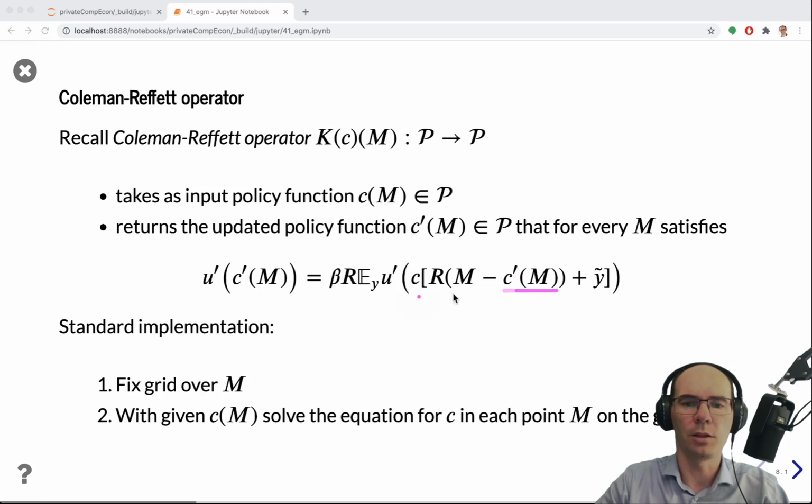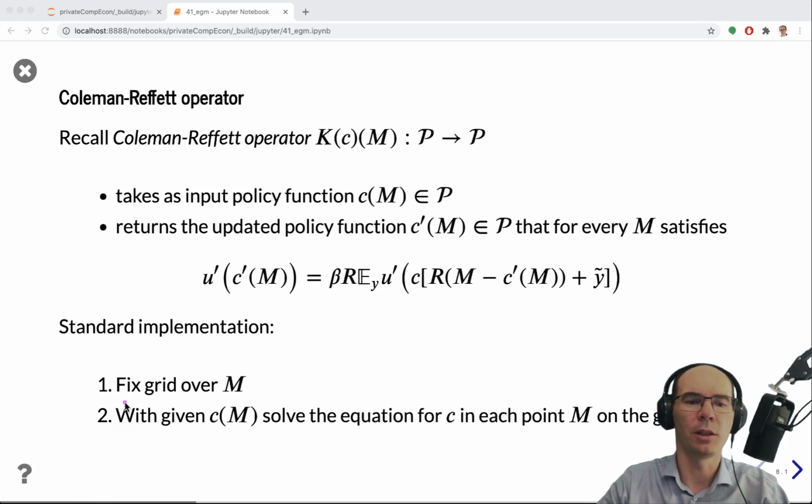With the updated one plugged over here, and then the old one, the input one, is plugged in one particular place here. Okay, so the Coleman-Reffett operator updated the policy functions.